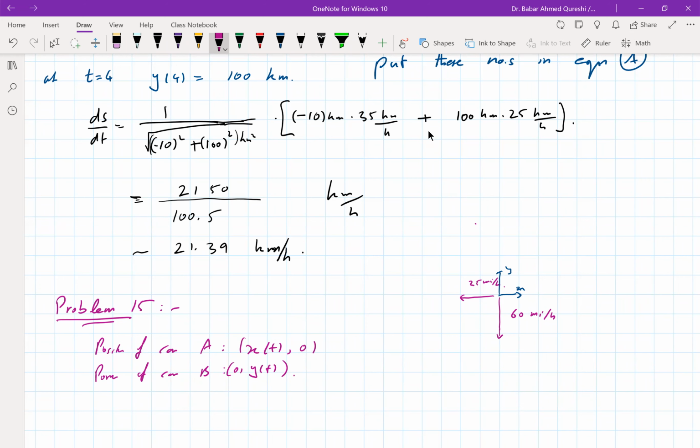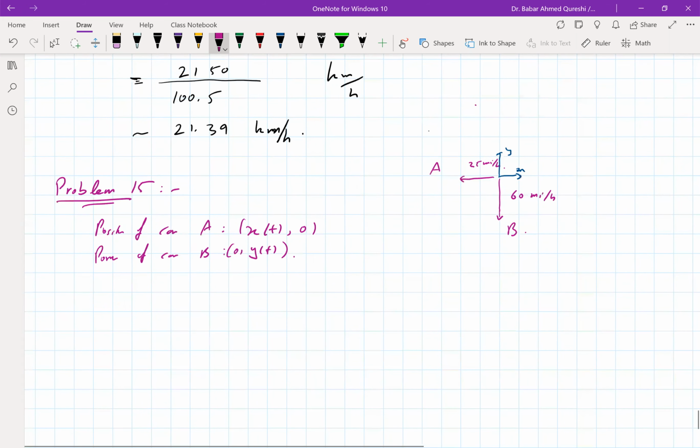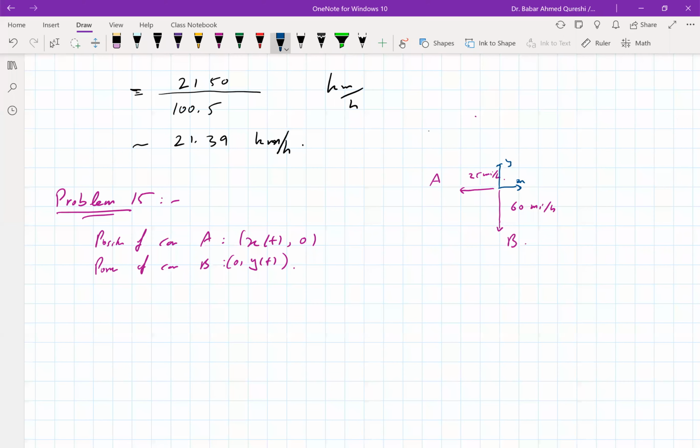Because I know that the y component of car A is always 0 and the x component of car B is always 0. I'm calling this car A and this one car B. Then it makes sense.